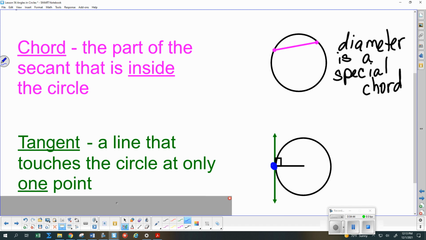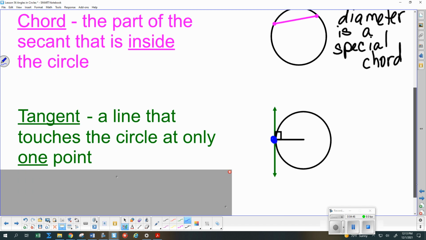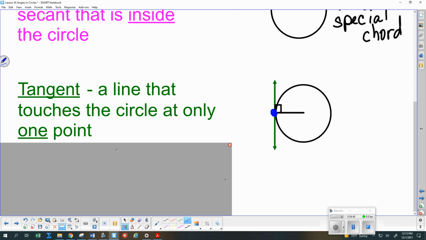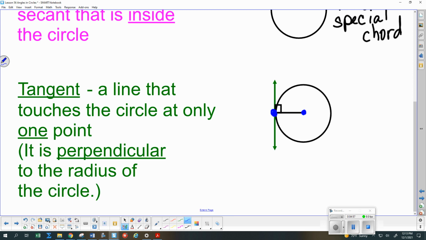And then there's a fun, helpful, useful property about tangent lines. If you draw the radius between that point of tangency and the center, it will always be perpendicular. And I put up the reminder that perpendicular just means they make that 90-degree angle.